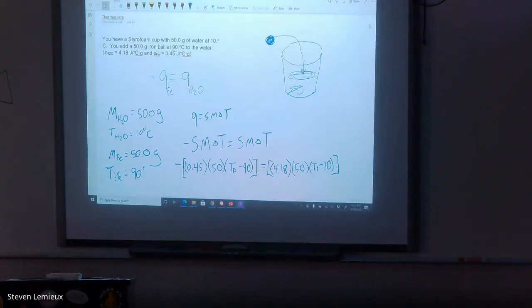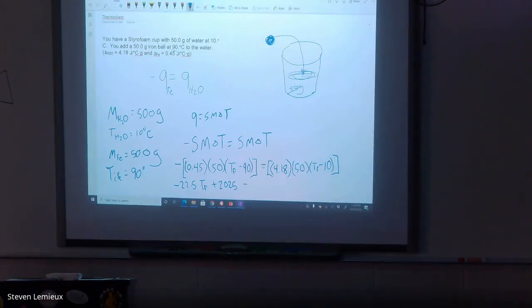0.45 times 50 is 22.5, so I have negative 22.5 TF. And then I have plus 2025. That is 22.5 times 90. I had a negative and a negative.